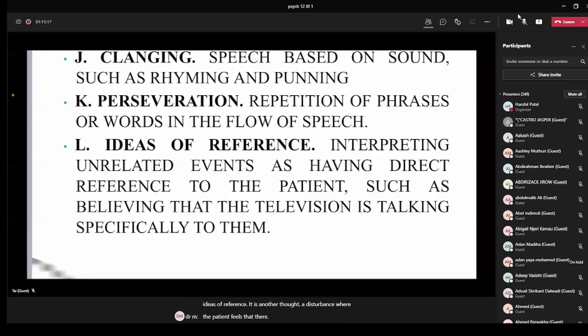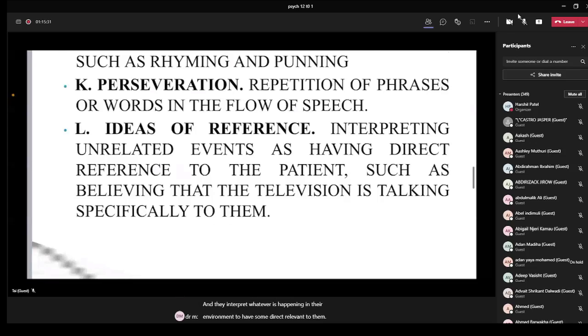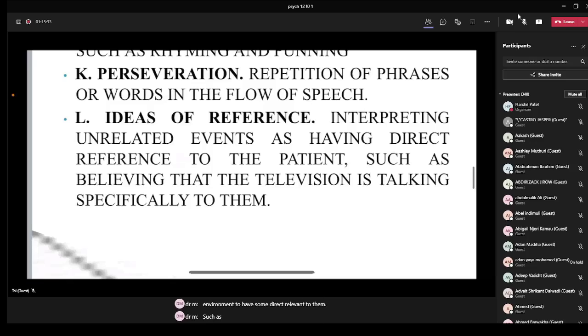Ideas of reference is another thought disturbance where the patient feels that they're being marked, they're being targeted, and they interpret whatever is happening in their environment to have some direct relevance to them, such as that the television is talking specifically to them.